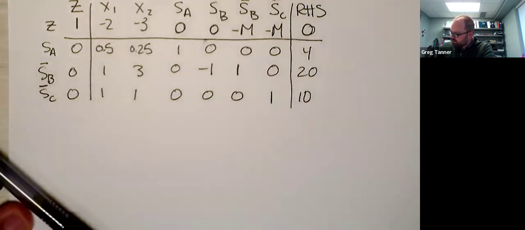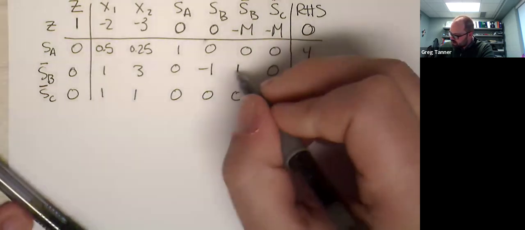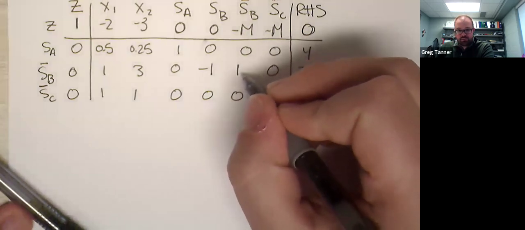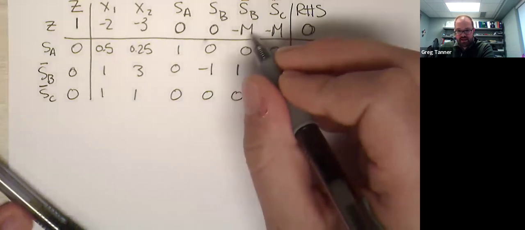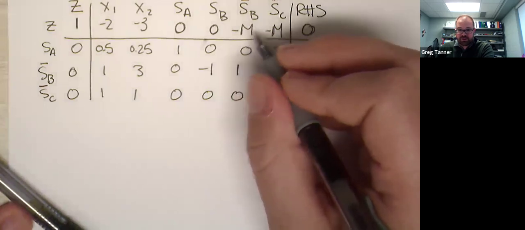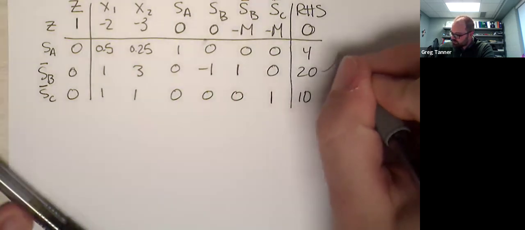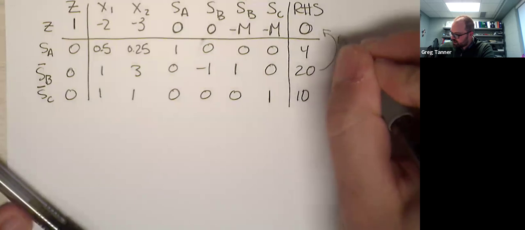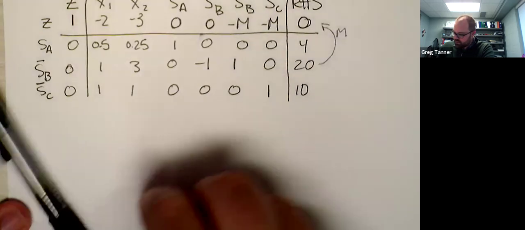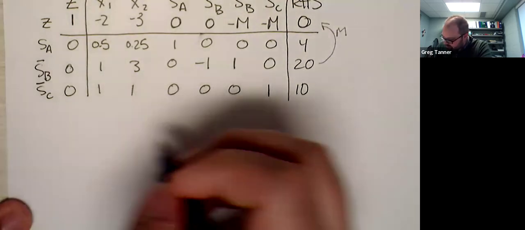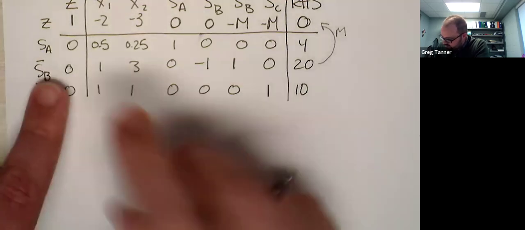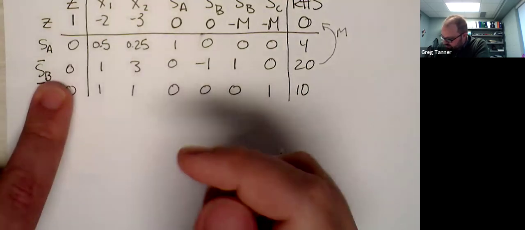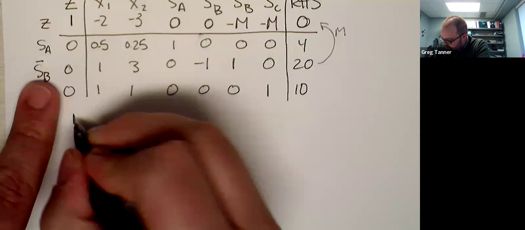Let's see, we're going to do big M times this row, big M times 1 plus negative big M is going to get me 0, which is what I want here. So I'm going to take this row, add M times that row and add it up. That's going to give me the result: I'm going to have a 1 here.